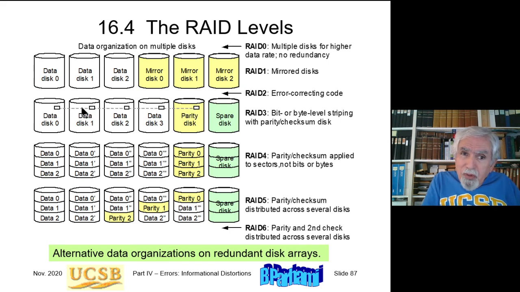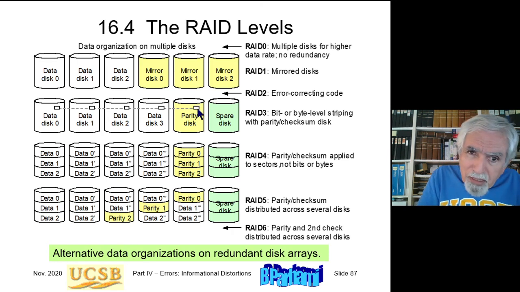So anytime you write in any of these disks, you also have to write a new parity block on the parity disk. So this parity disk becomes a bottleneck because you have a lot of accesses to this. Basically, you add up. If you have 10 write accesses to each of these 4 disks, then you will have 40 accesses to the parity disk to modify the parity block.